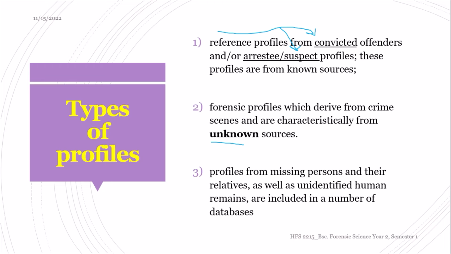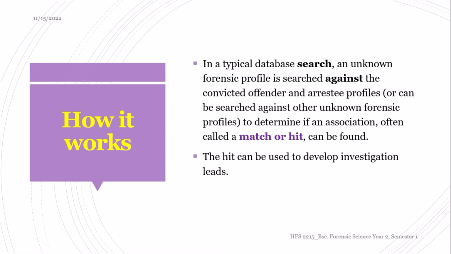We also have unknown sources, where you have collected DNA from a crime scene and it cannot be connected yet to any suspect or any convict. So it is unknown. And then we have profiles from missing persons and their relatives, or unidentified human remains in certain criminal investigations. So you include them in the profile.